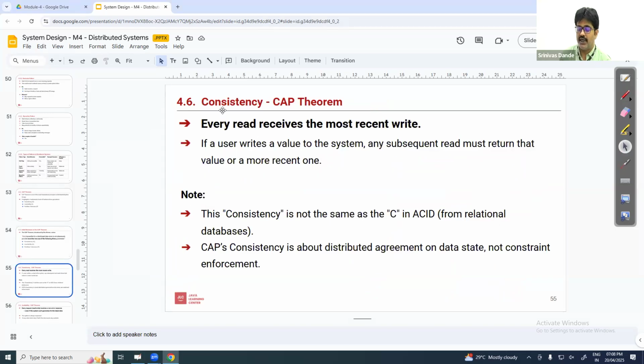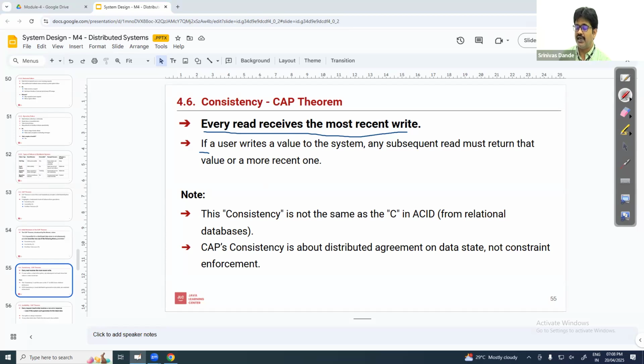So let's understand what consistency is. We have seen it previously, but in this context I have written just a few points. Every read receives the most recent write. If that is the case, you can call the system consistent.